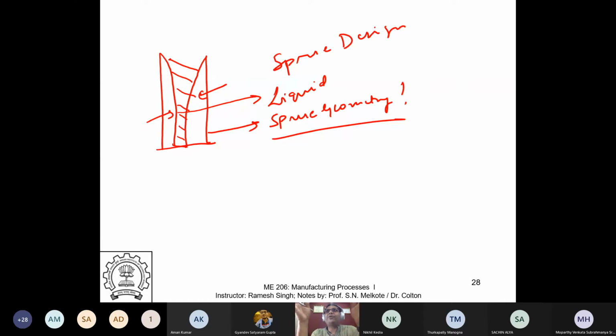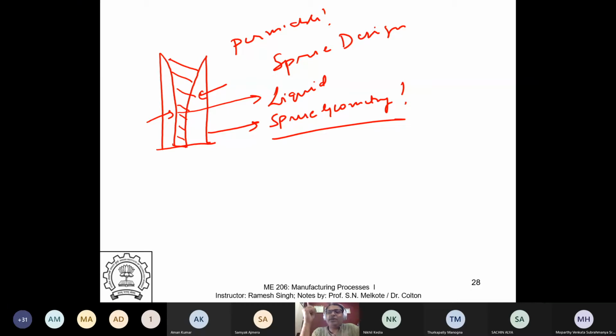So if you have a partially filled anything, the air will come. Everything here is permeable, right? The sand mold is permeable, the sprue is also permeable, so it can suck air in. And if it is not filled with liquid, the air will come in, so it will not be just a bubble.